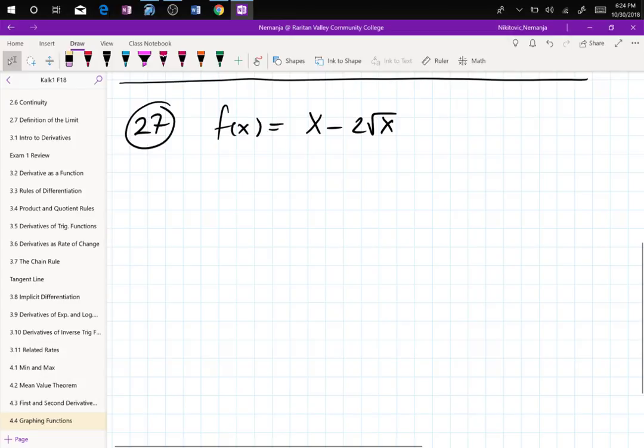Well, we start by figuring out the domain, right? The bad points. You see, x has all real numbers as domain. So you can take any number you can think of, positive, negative, fraction, decimal, whatever, pi, irrational numbers, and plug in for x.